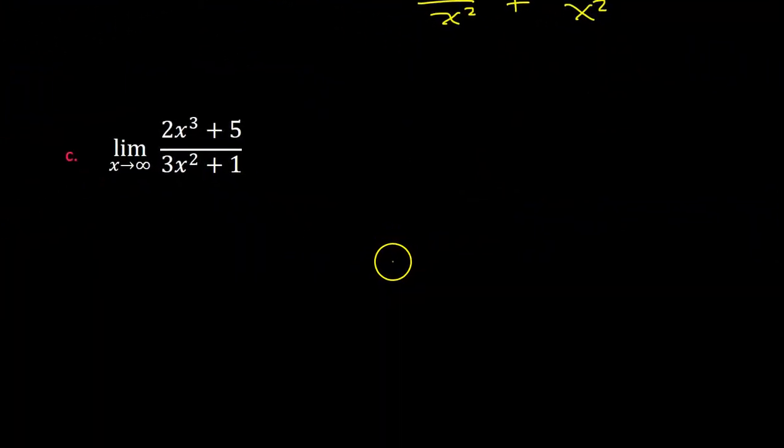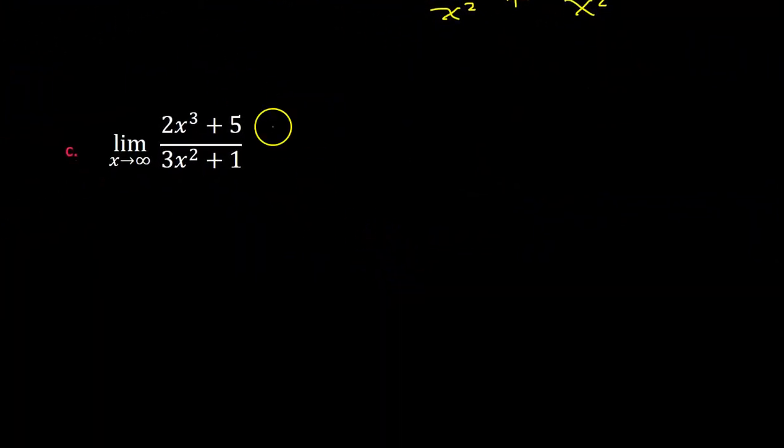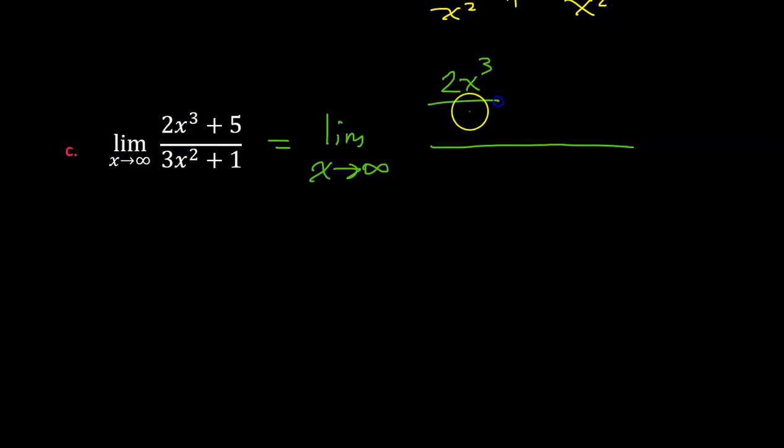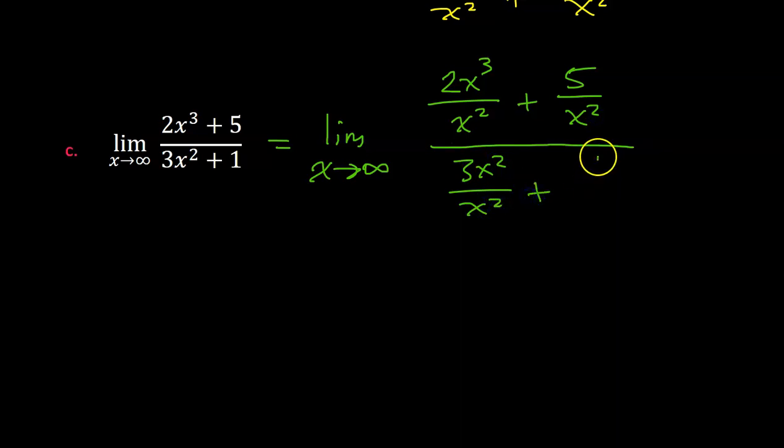Let's look at the final one. Again, dividing each term by x squared, we will have 2x to the third power divided by x squared plus 5 over x squared, over 3x squared over x squared plus 1 over x squared.